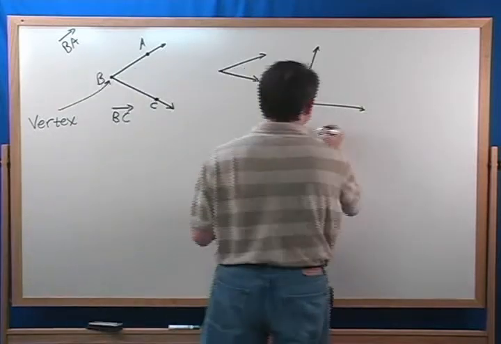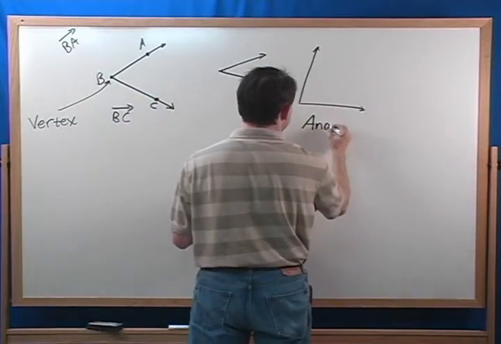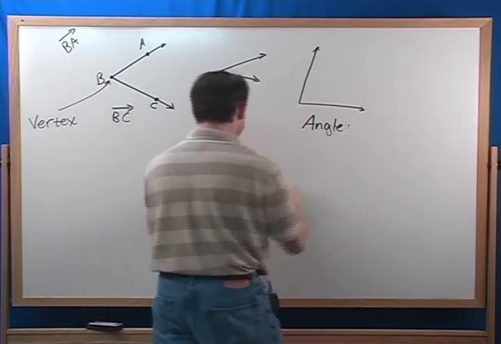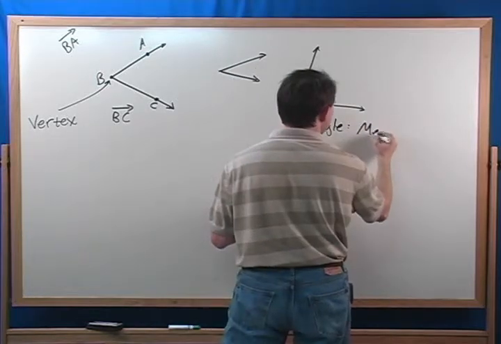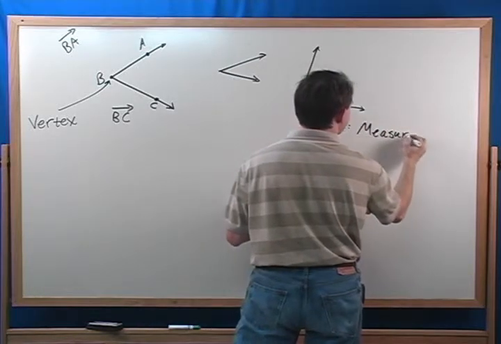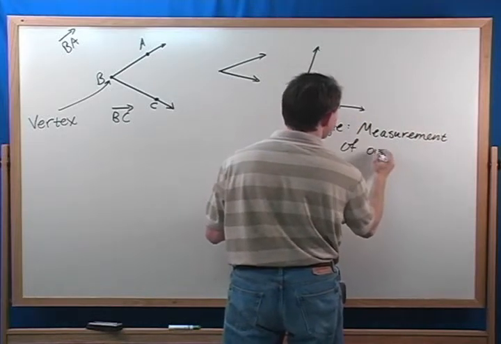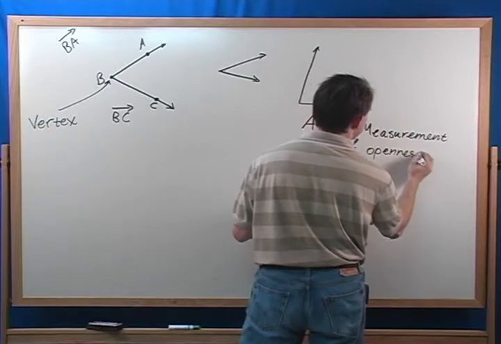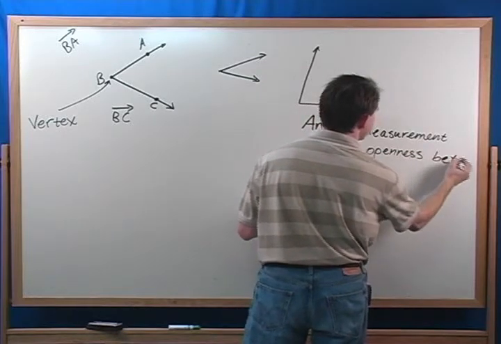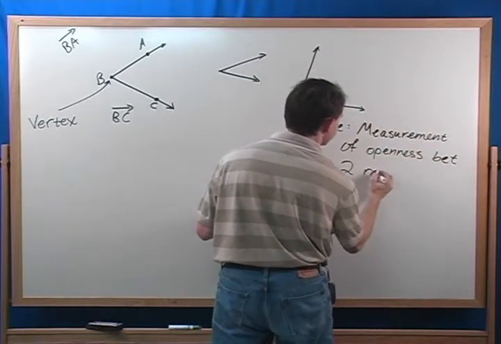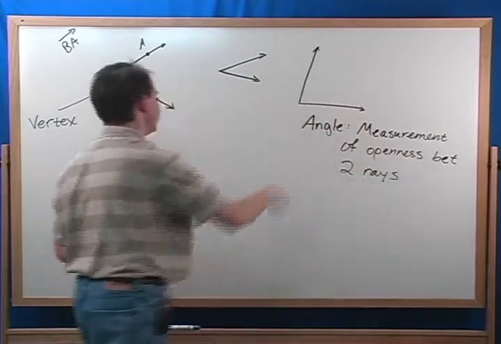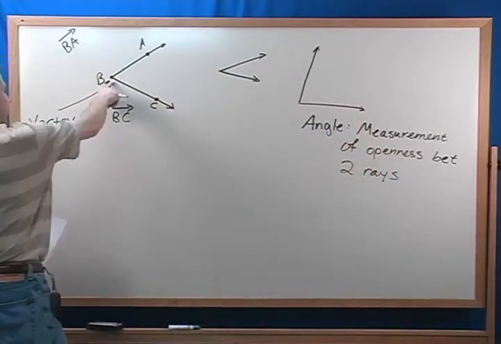So an angle is just the measurement of openness between two rays. Openness. That's the best word I could come up with. The vertex is at the point.